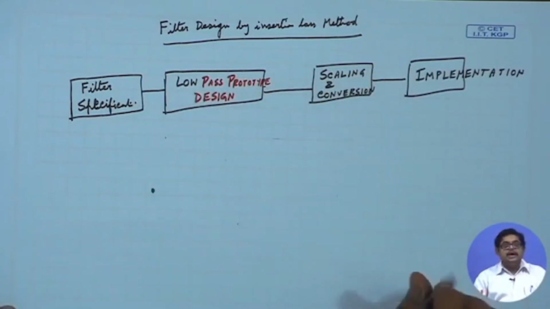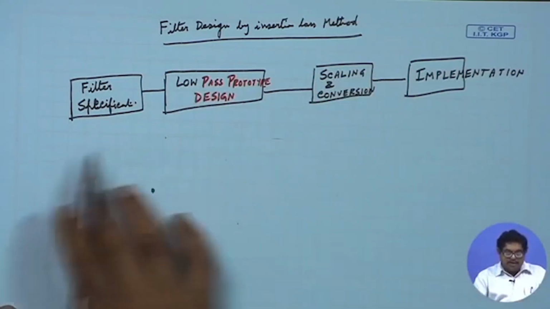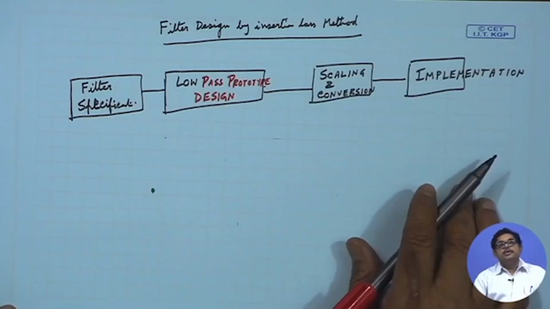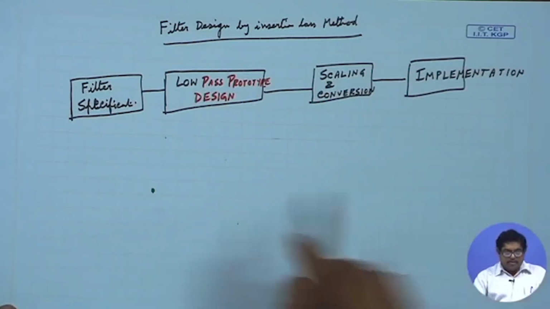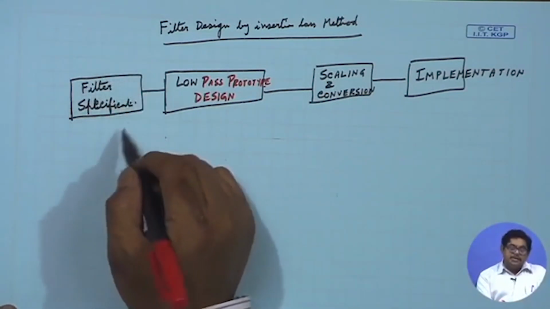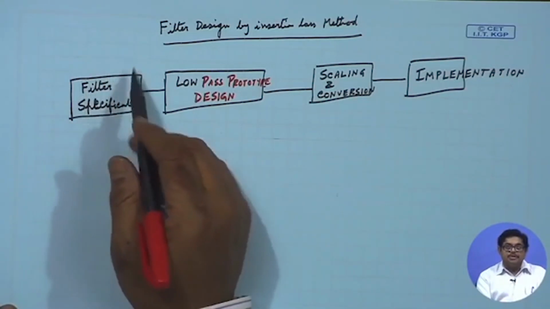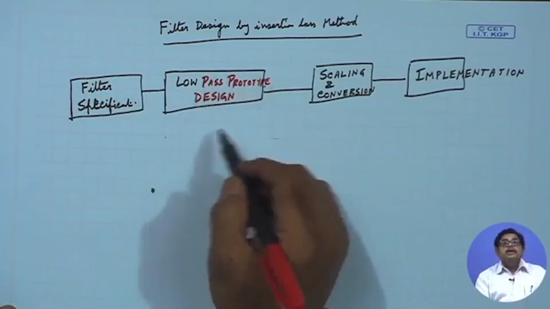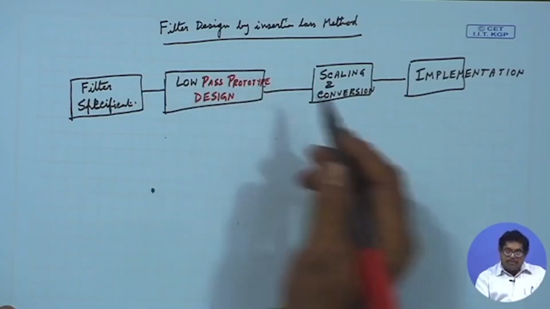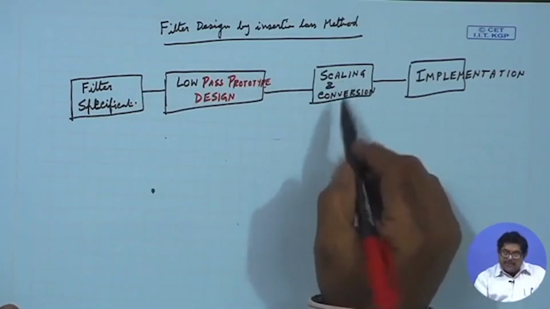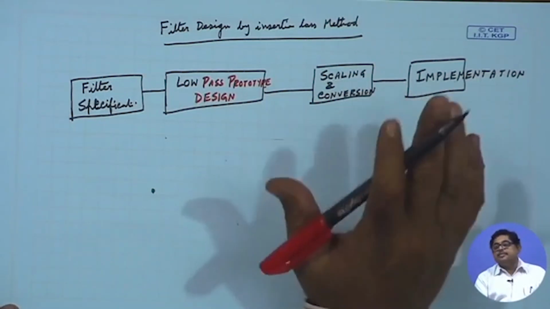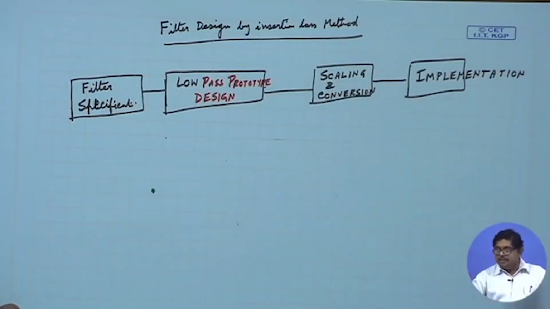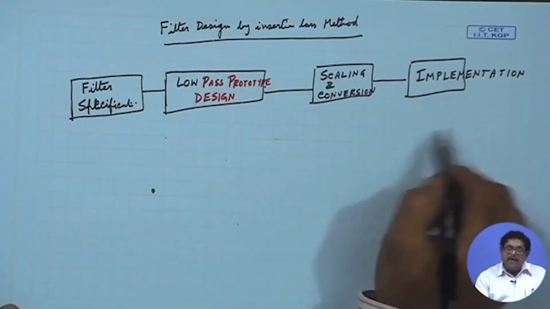So, filter design by the insertion loss method mainly has these four important blocks. In any design you start from the specification, you decide something, then you first do a low pass prototype design, then some scaling and conversion operations, and finally you think how to implement it. If required, for implementation some minimization of the length, etc., is needed, which we will see.